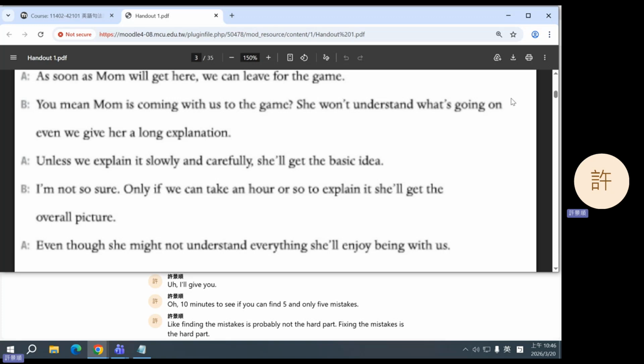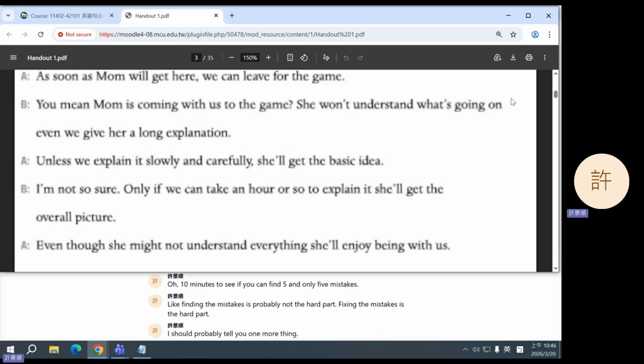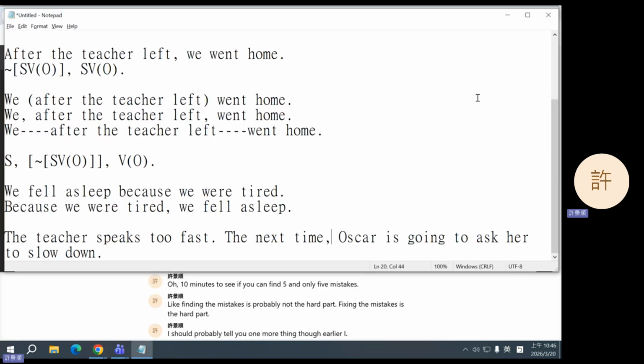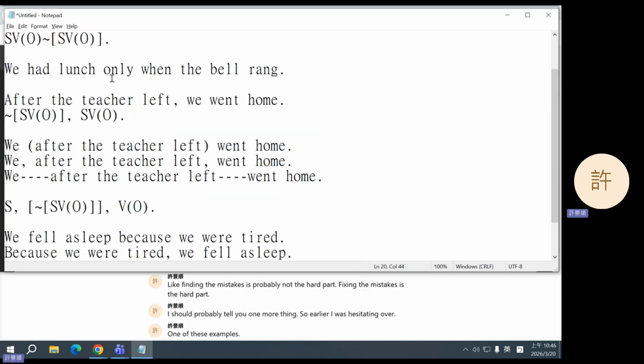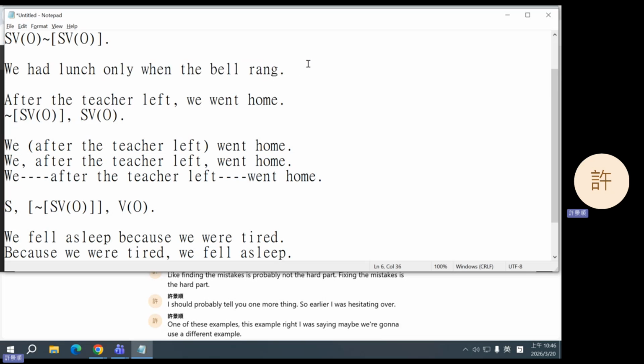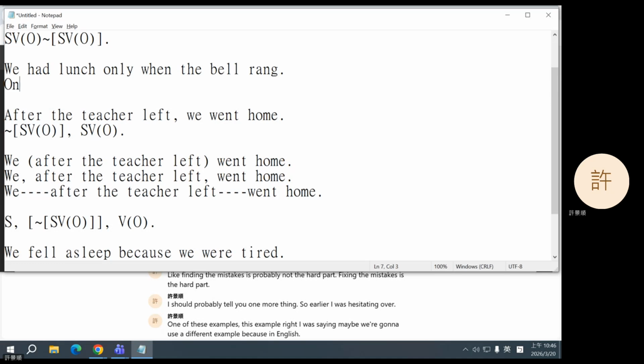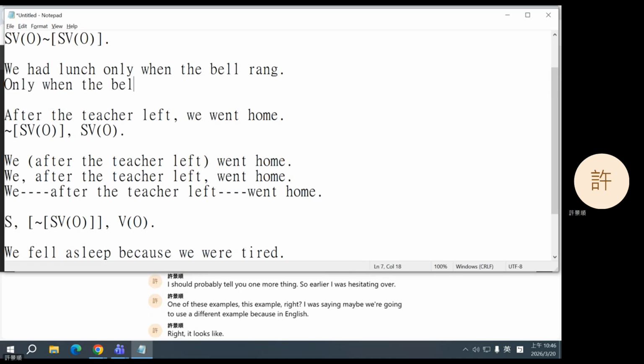I should probably tell you one more thing. Earlier I was hesitating over one of these examples, this example, right? I was saying maybe we're going to use a different example because in English, it looks like you can do this.